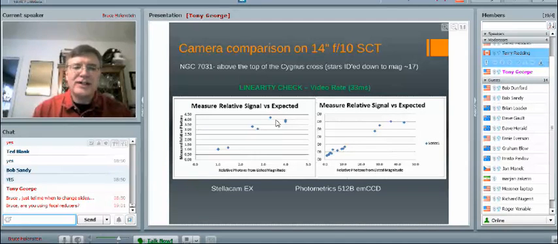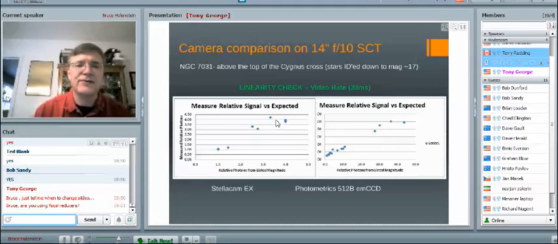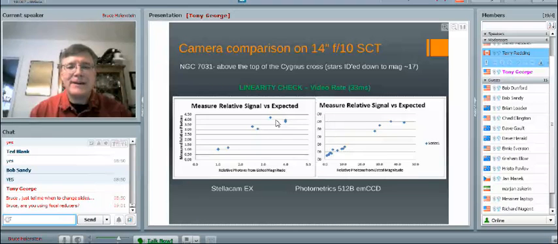Last year, Steve had reported on the typical IOTA cameras and found that his Stellacam EX had similar performance to the Super Circuit 164. So the left-hand curve here is checking linearity, and also the right-hand curve for the Photometrics.